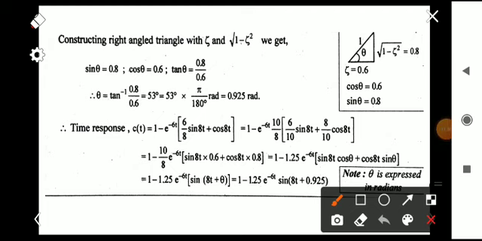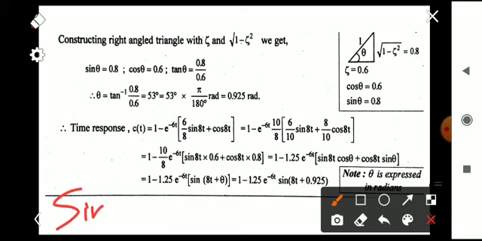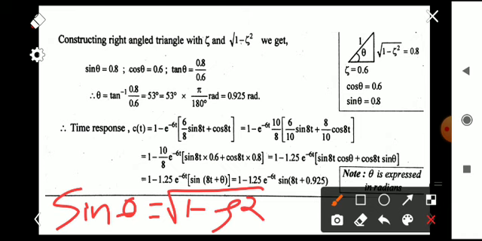We have already learned that the value of cos theta is theta, and the value of sin theta is root of 1 minus theta square. So using those equations we can construct a right angle triangle having sides theta, root of 1 minus theta square, and 1.